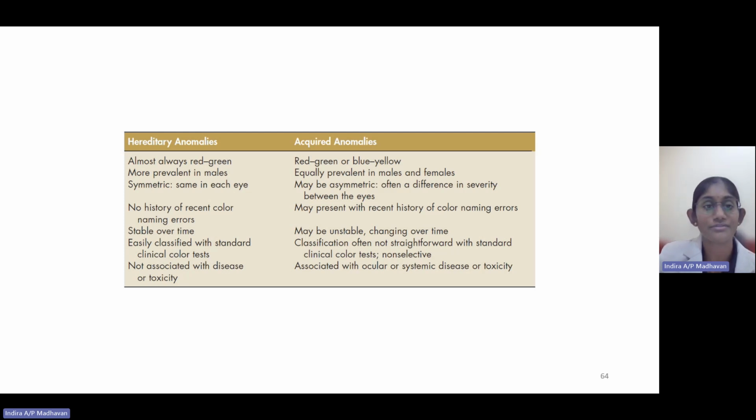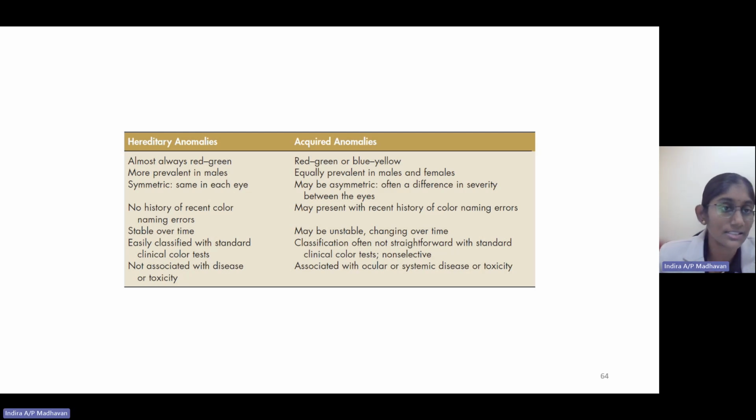While classification is often not straightforward with standard clinical color tests, and it is non-selective for acquired anomalies, depending on the severity of the color vision defect, the severity of the ocular condition, and also the drug concentration or dosage. If it is higher, it might be worse; if it is lower, it might be lesser. So getting a distinct result would be difficult for this patient.